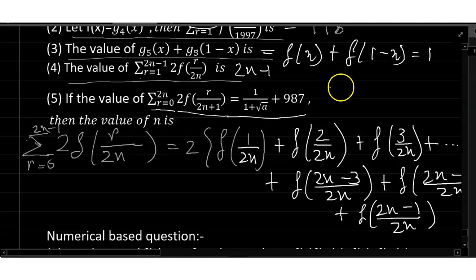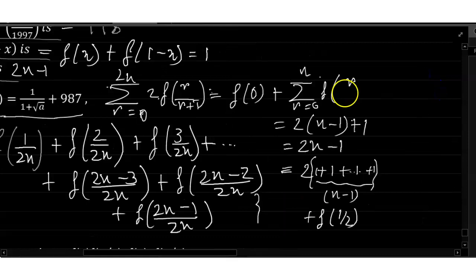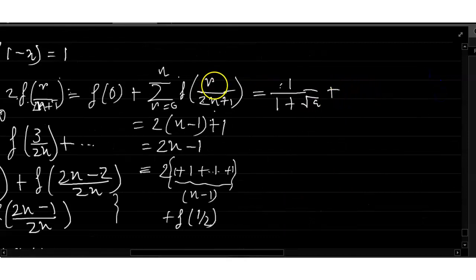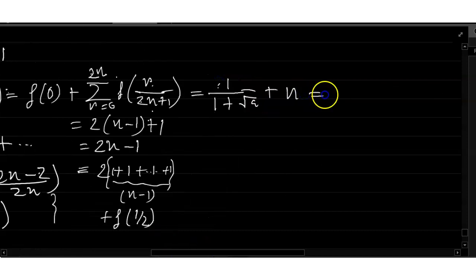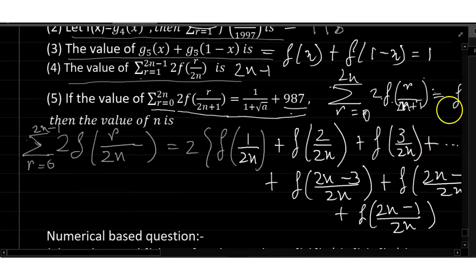So friends, we can write it this way: summation r equals 0 to 2n of f(r) plus f(r plus 1) equals f(0) plus summation r equals 0 to n of f(r) divided by 1 plus 1. The value is n. So n equals 1 by 1 plus root a. So it is 987. Comparing to this, n equals 987.